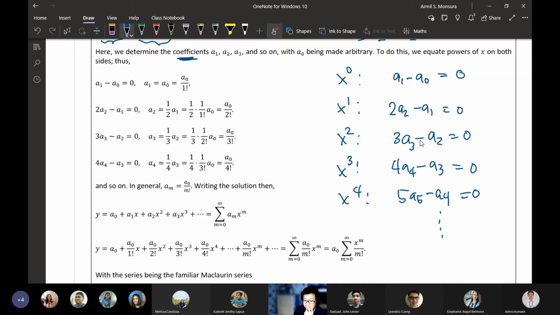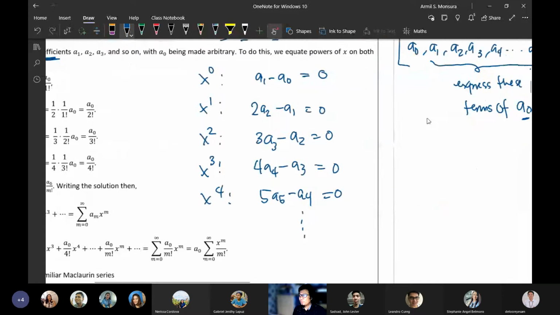Maliwanag ba yun? So in this case, I have written 5 terms here. Baka naman sa 5 terms may makita na tayo ng pattern.